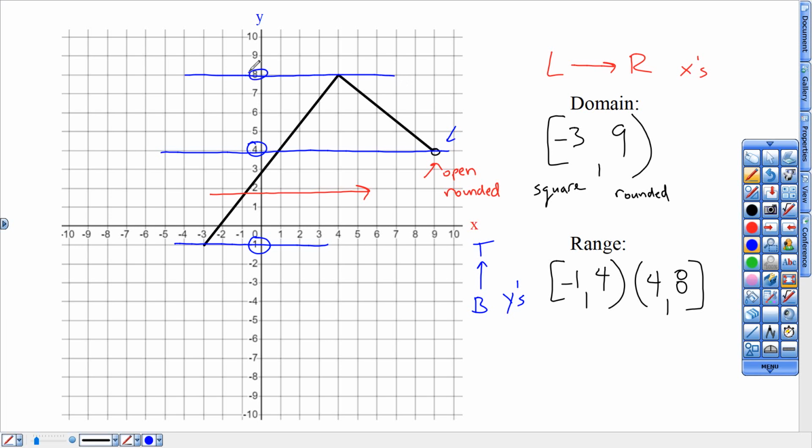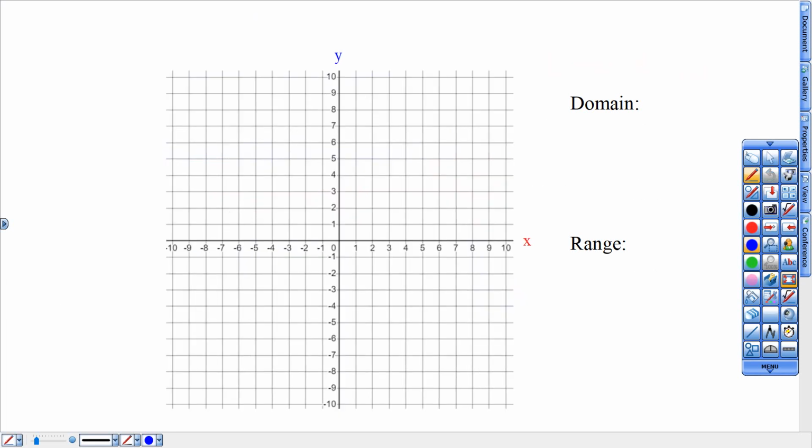Let's do another one. If I was to give you this graph right here, which has an open circle right here, we'll do a line down to here and then a line all the way up to here. This is the open circle on this one.